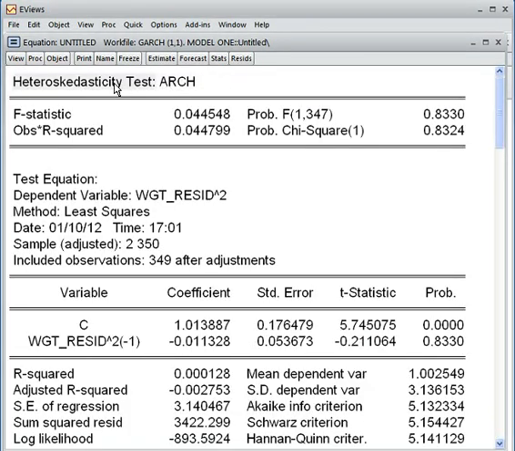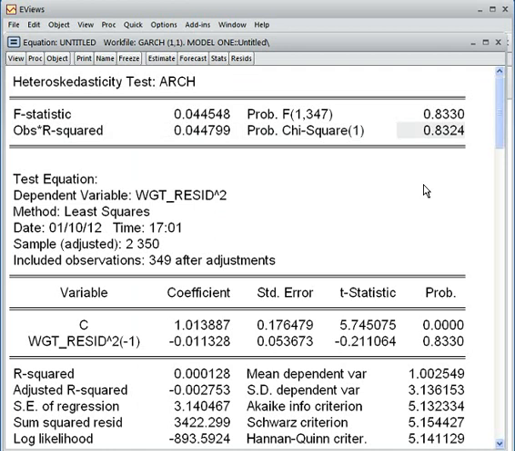It is the ARCH test, the test of heteroscedasticity, with the observed R-squared and the corresponding p-value. How much is the p-value? 83.24%, meaning more than 5%.